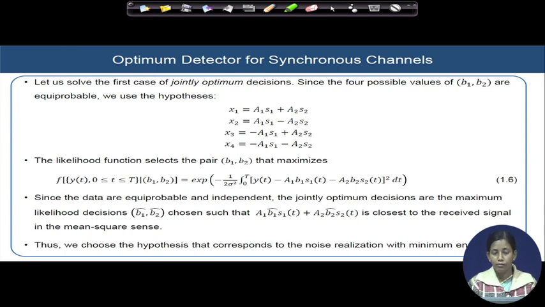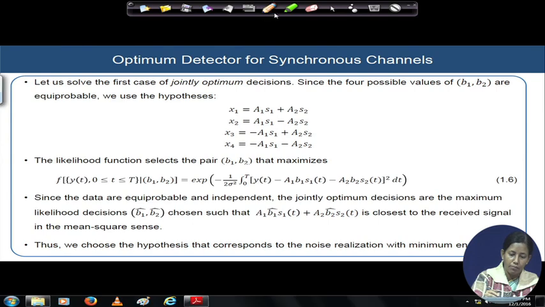So, we can have 4 different hypotheses mentioned here as x1 to x4. The first one, x1, is A1 S1 plus A2 S2, which means both have positive signs, and here this is a plus-minus situation, this is a minus-plus situation, or the minus-minus situation.